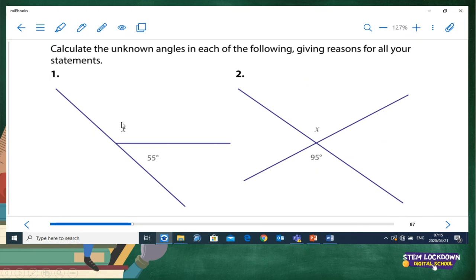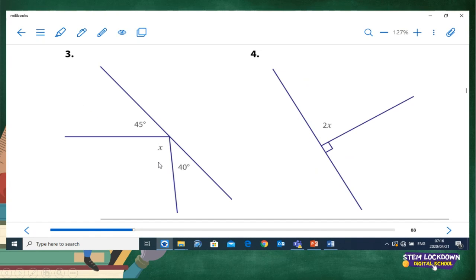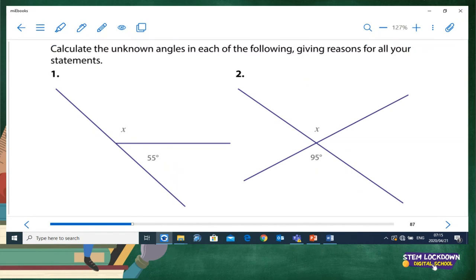So the value of X will be 125 degrees. And how do we get 125? You subtract 55 from 180. And why do we subtract 55 degrees from 180 degrees?